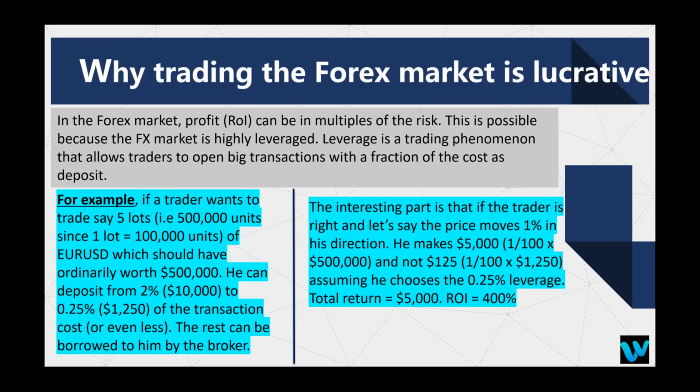But in the forex market, you can double, triple, quadruple the money you are risking on a particular trade. So let's say I want to buy euro US dollar after doing some analysis, and I invest, let's say, $50 out of my capital to get myself involved in that trade.